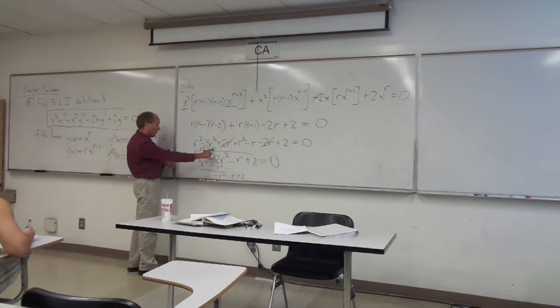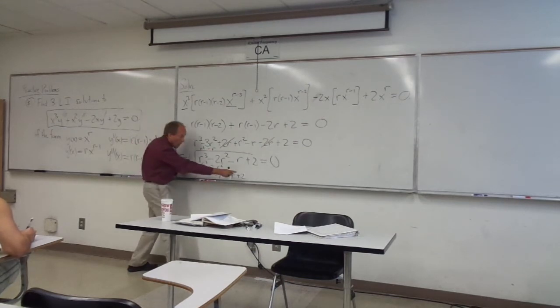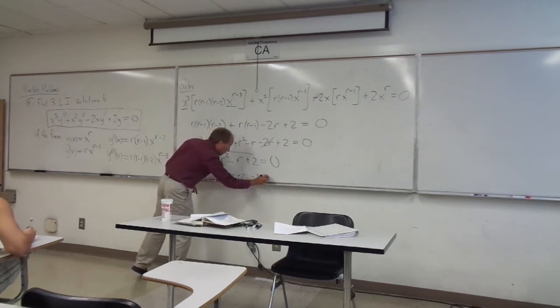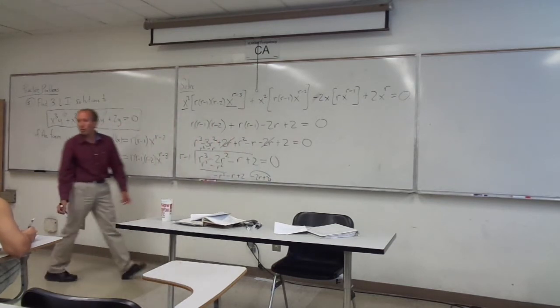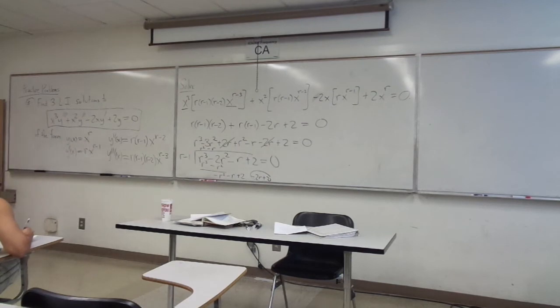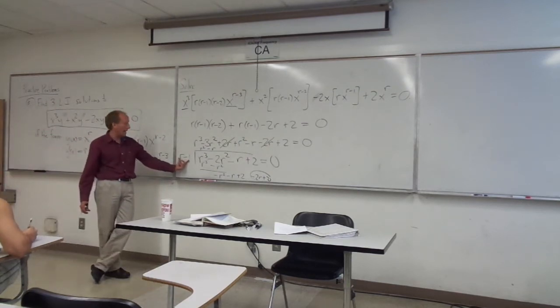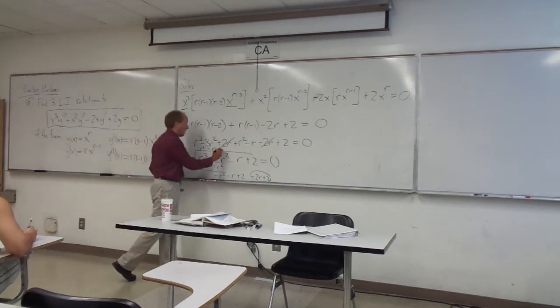So I have minus r squared, and then this is plus r. So everybody see that? Minus r squared plus r. When I subtract that from what I have here, I'll be left with minus 2r plus 2, and I don't have a lot of room, which is why I'm not showing my work very well. Okay, so you end up with minus 2r plus 2, and how many times does r minus 1 go into that? Negative 2 times, exactly.